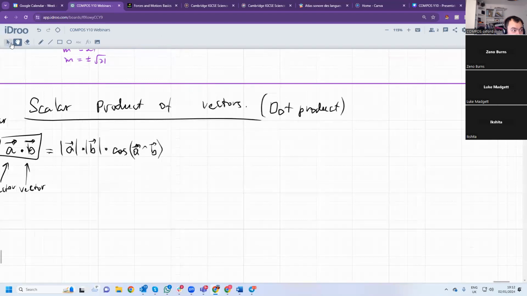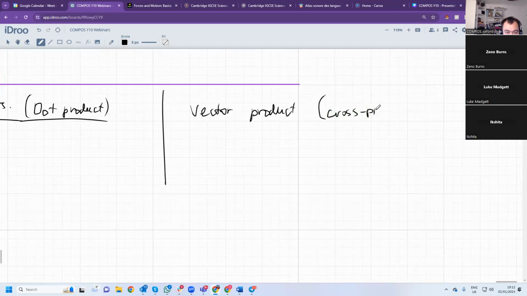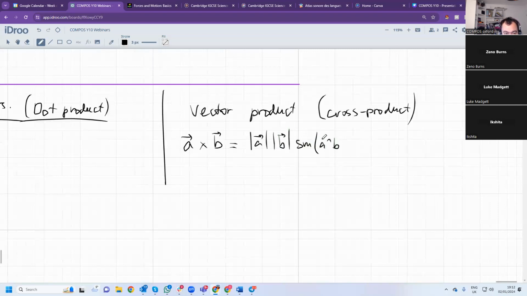As opposed to the cross product, which is a vector product, which we will cover in year 13, I think. I'll just give you a slight heads up. If you have vector A times vector B, it's going to be modulus A times modulus B multiplied by the sine of the angle between the two vectors, multiplied by a normal vector.